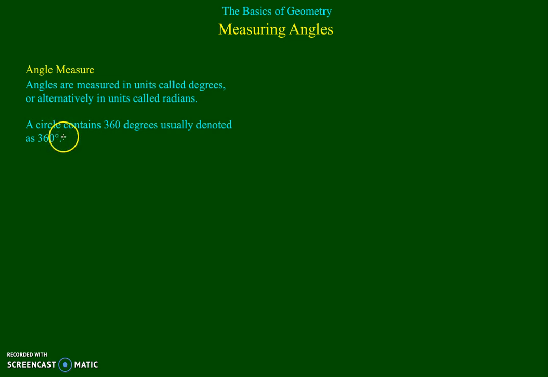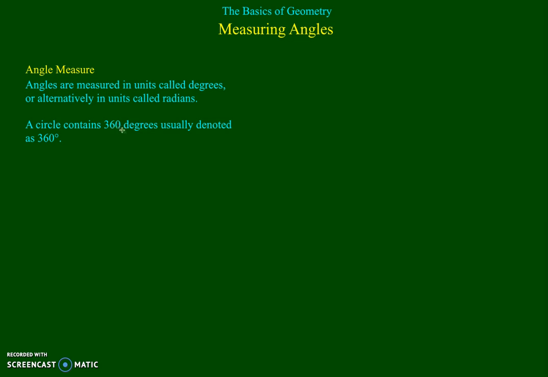All of the angles we're going to be dealing with in this course are going to be less than or equal to 360 degrees. In other courses, you will be dealing with angles that are potentially greater than 360. But for this case, we're just going to consider anything up to and including 360 degrees from 0 degrees.